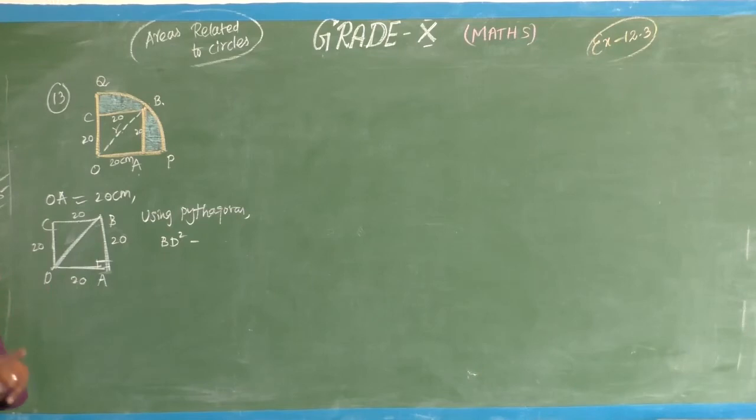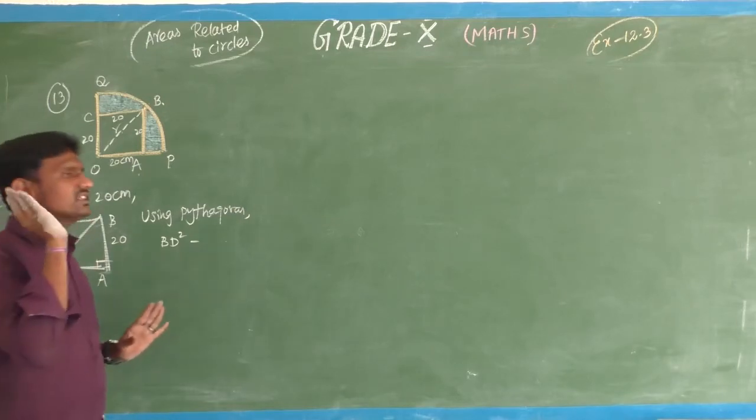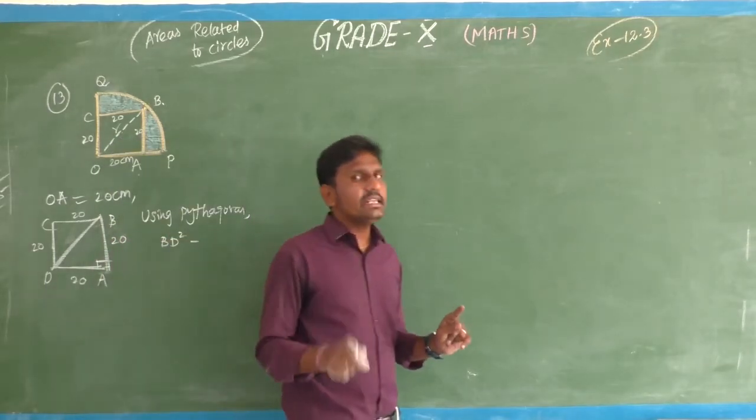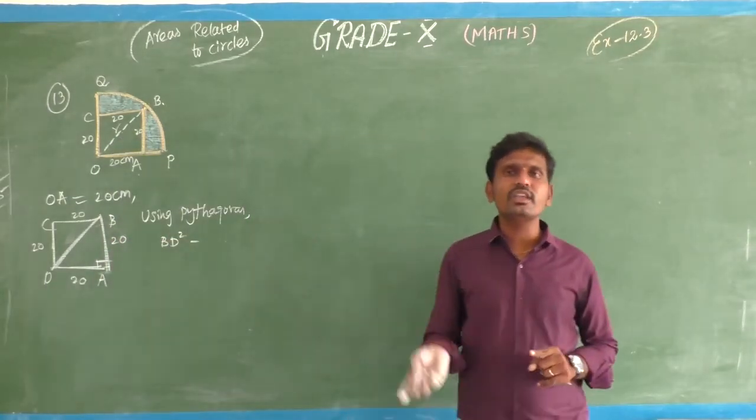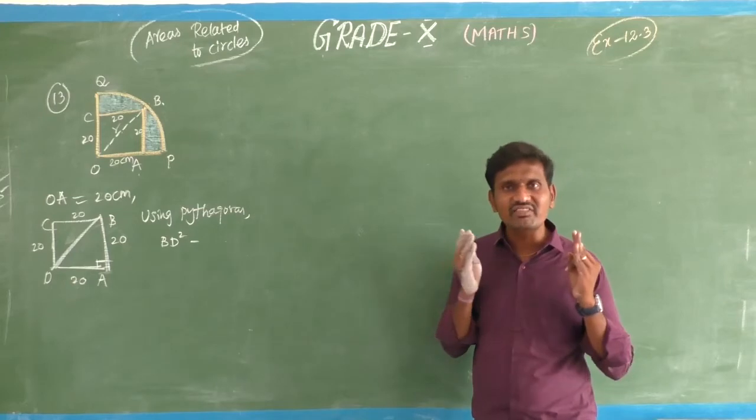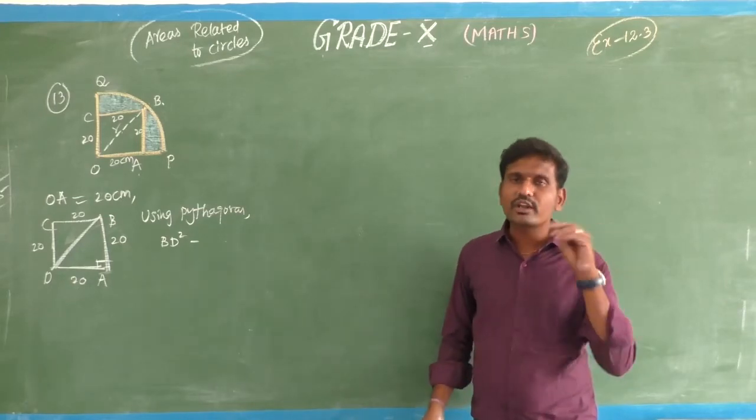Already I told you what the Pythagoras theorem is. The square of the longest side, the hypotenuse, is equal to the sum of the squares of the other two sides.